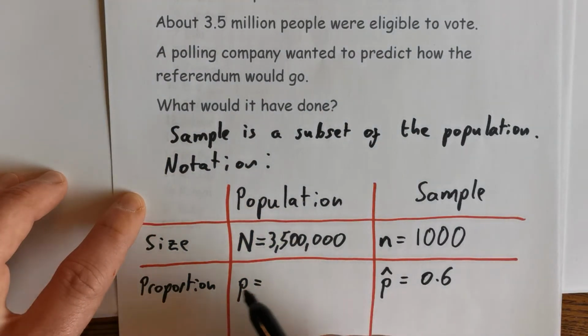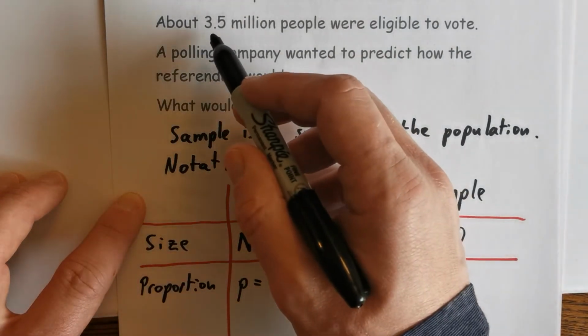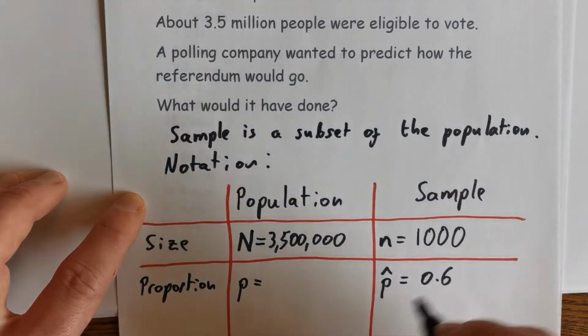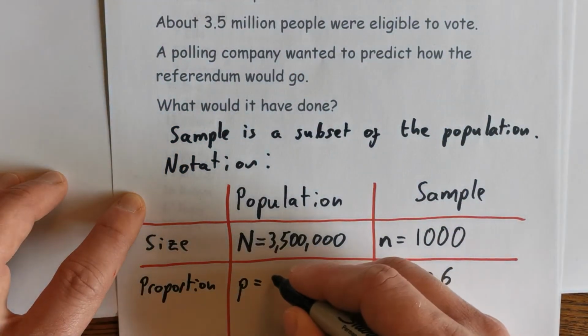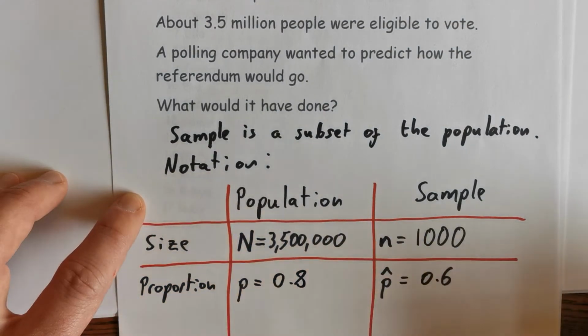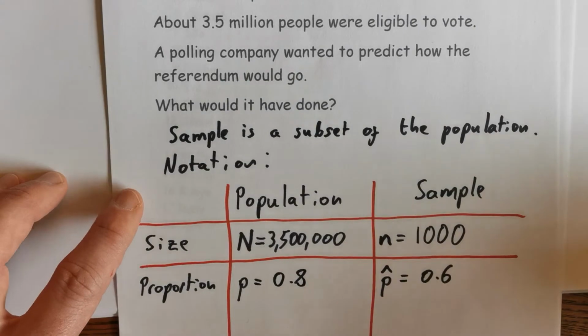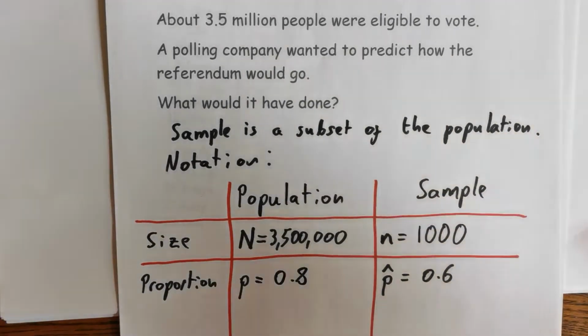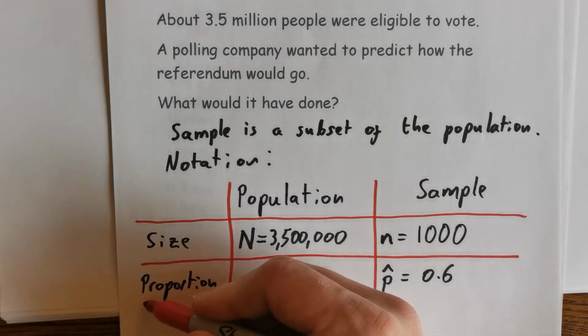Well, then my proportion would be 2.8 million divided by 3.5 million, which I think works out as 4/5 or 0.8. Okay, so the sample proportion and the population proportion are not always the same.